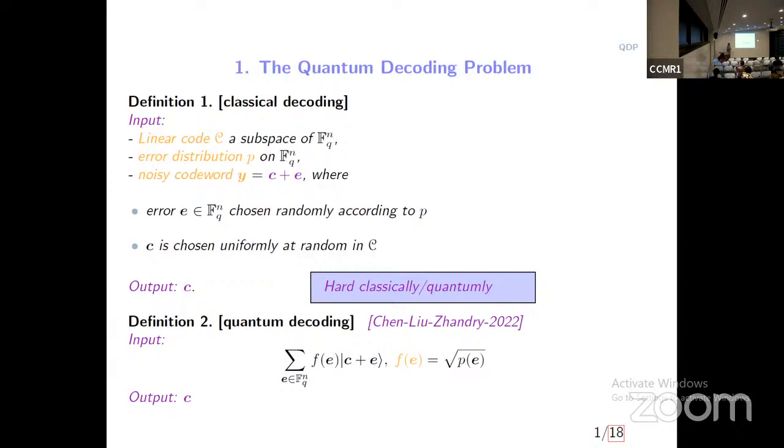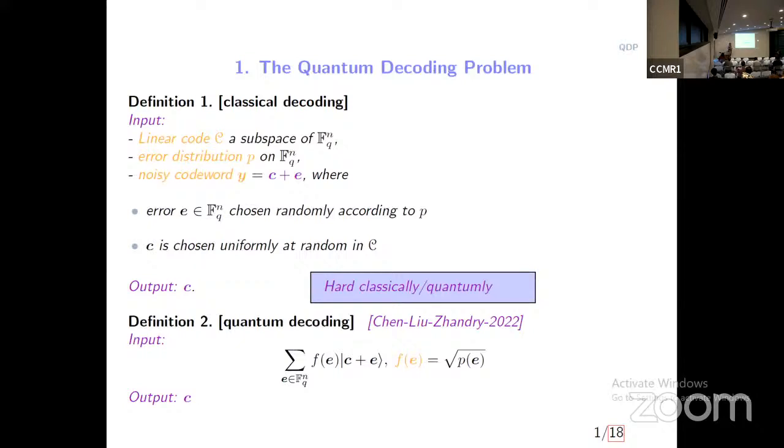So the classical decoding problem: you start with a finite field with q elements, call it F_q. You take vectors of length n over F_q, which forms a vector space, and you choose a subspace of dimension k of the whole space. This is the linear code you're interested in decoding. Then you pick a random element C in this subspace and add some error E to it.